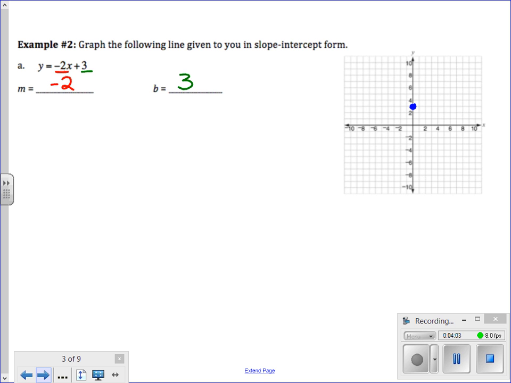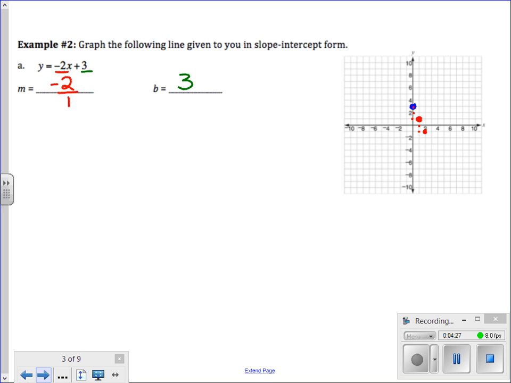Now this time I'm going to look at my slope. My slope is -2, which means I'm going to end up going down for my rise, but it doesn't look like a fraction. But you've got to trust me here, that -2 over 1 is the fraction -2. That means that when I start here at 3, I'm going to go down 2, right 1.